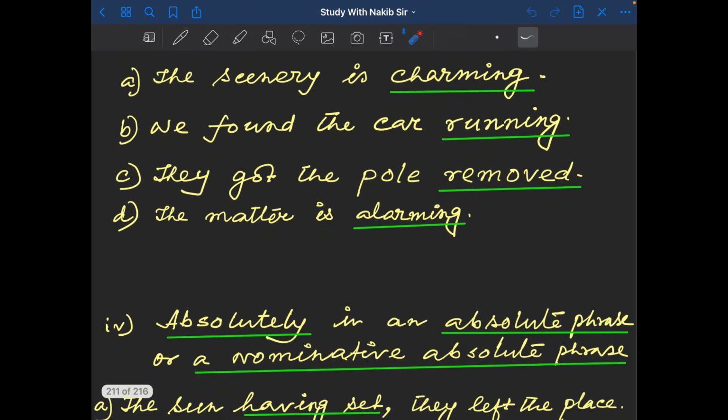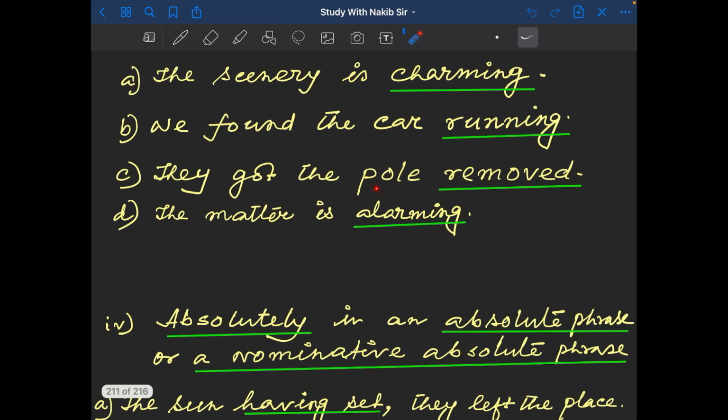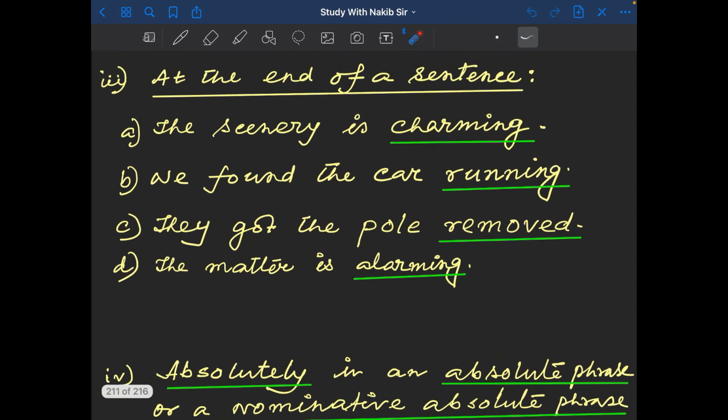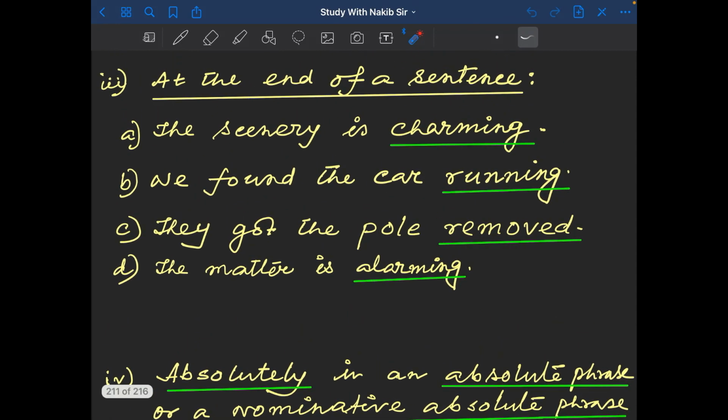And number three, they got the pole removed, past participle. And another one, the matter is alarming. So participle is used at the end of a sentence like this. Charming, running, removed, alarming.